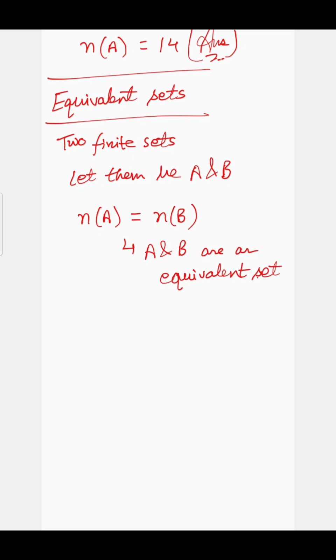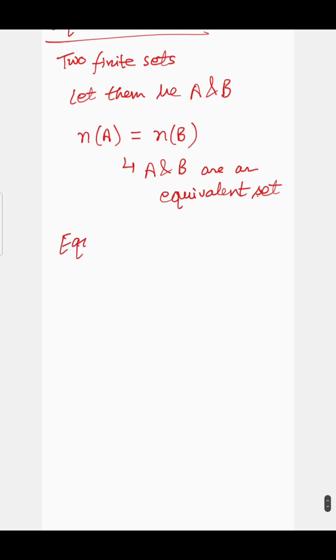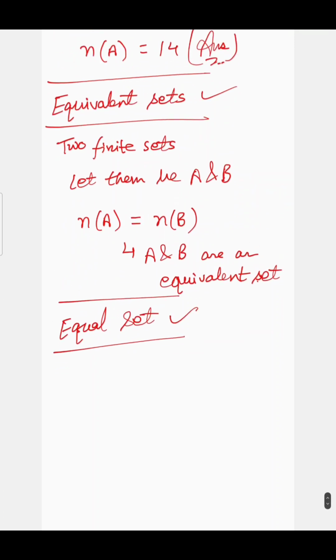Okay, so this is the thing for equivalent sets. Next is equal set. Now this is equivalent and this is equal.